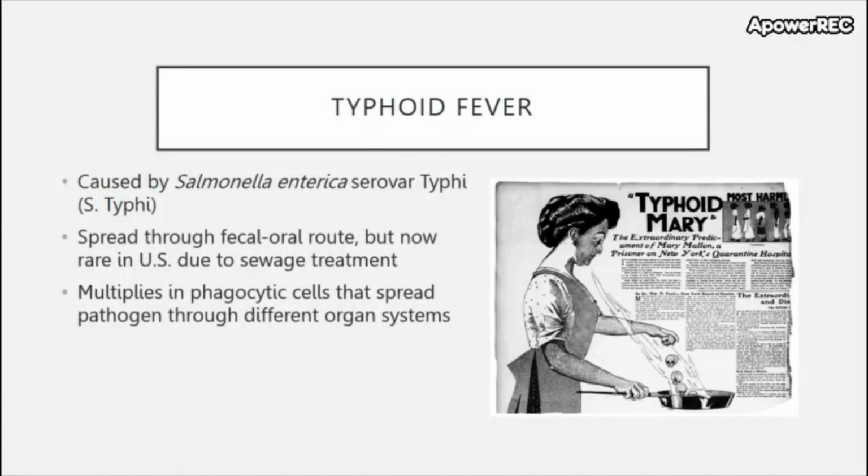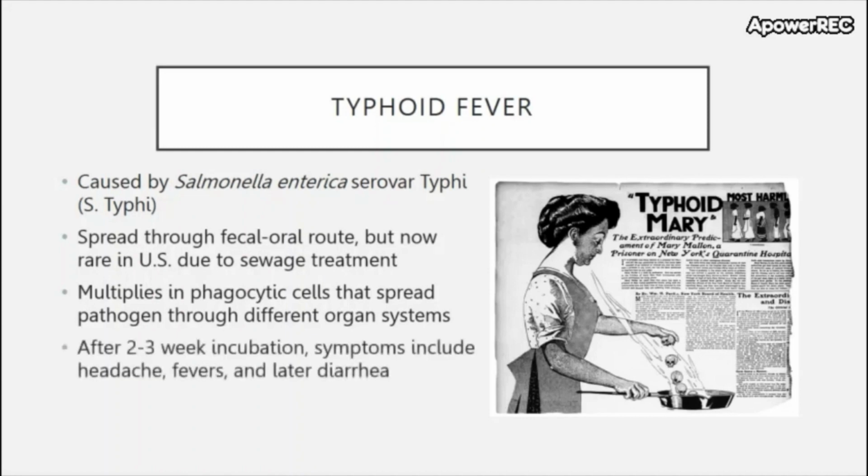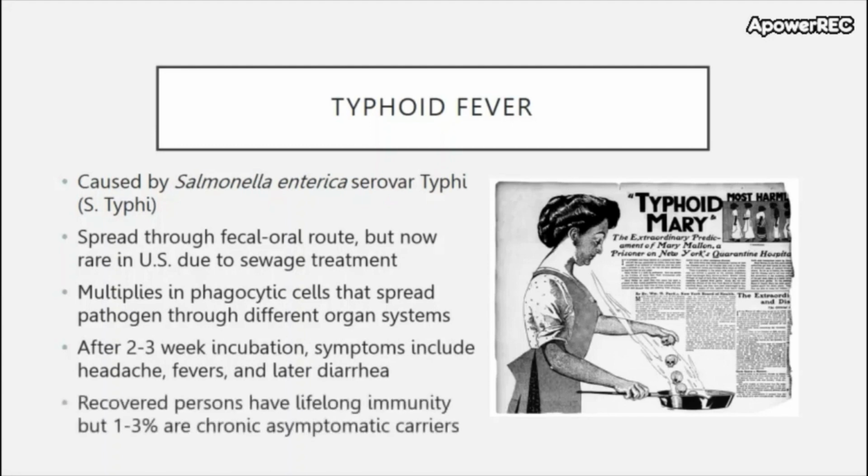It multiplies in phagocytic cells that spread the pathogen through different organ systems. And after about 2 to 3 weeks of incubation, the symptoms include headache, fevers, and later diarrhea. Recovered persons can have lifelong immunity, but 1 to 3% are chronic asymptomatic carriers.